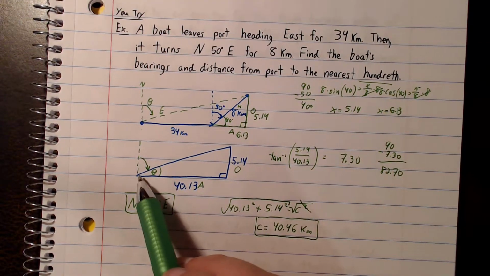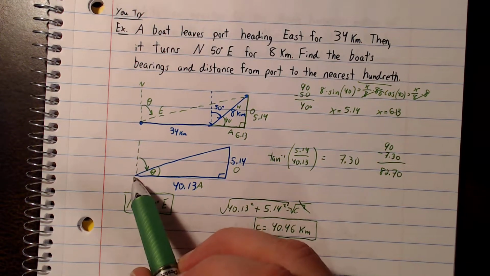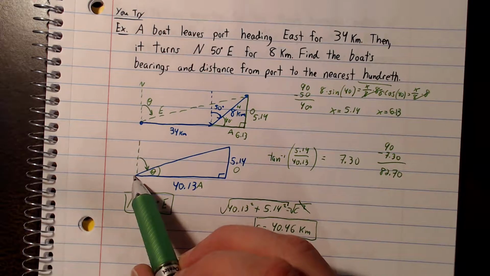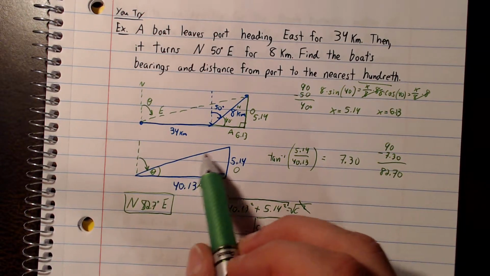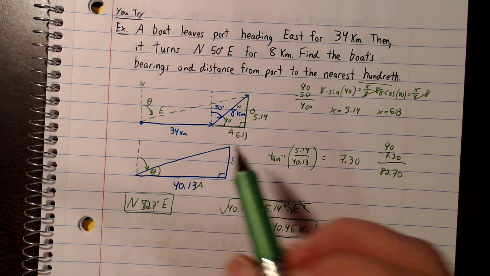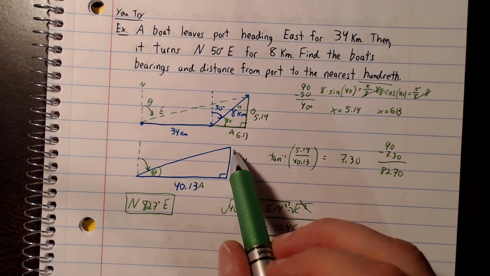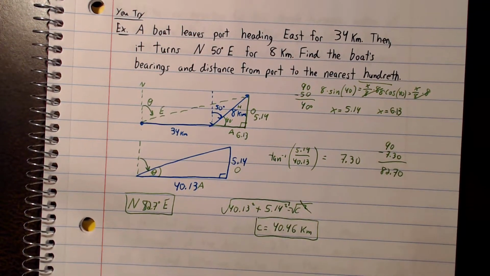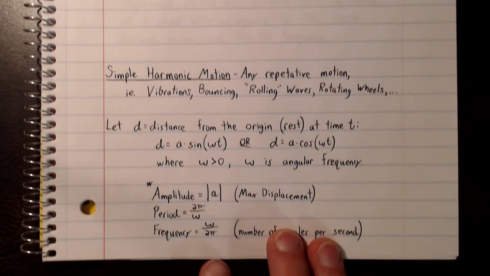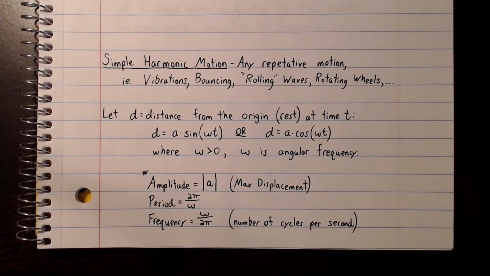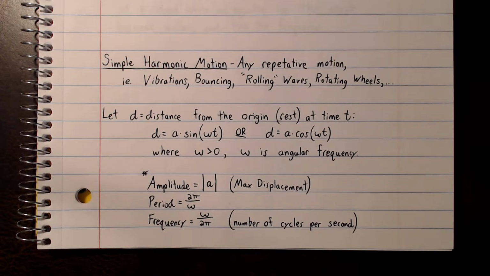So you have to go in the direction north 82.7 east for 40.46 kilometers, and you'll get to where those people are. I told you we had 3 types of applications. Here's the last type. These are completely different because we're not going to have a triangle to work with.